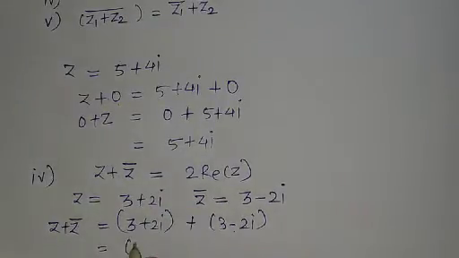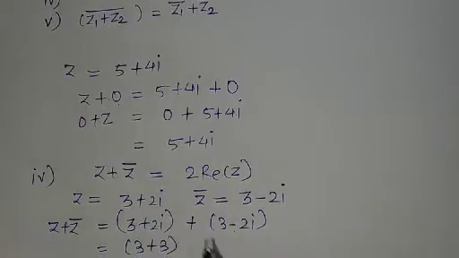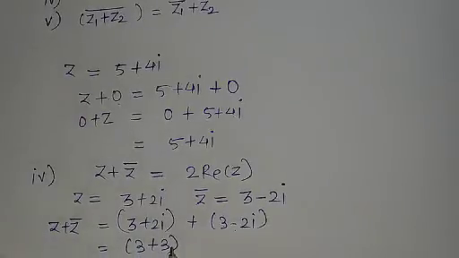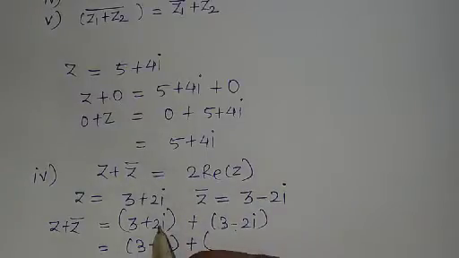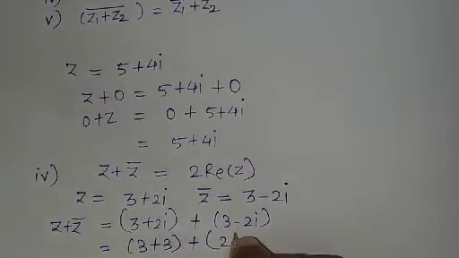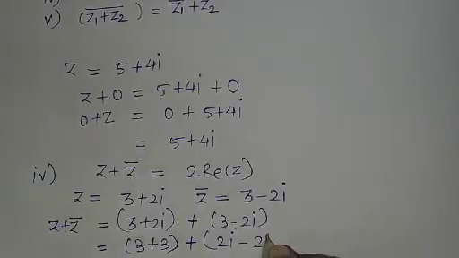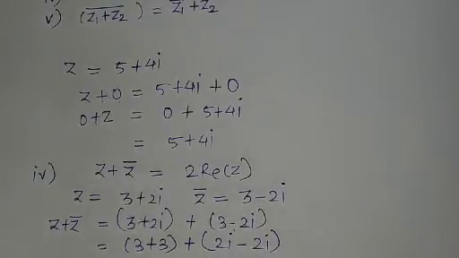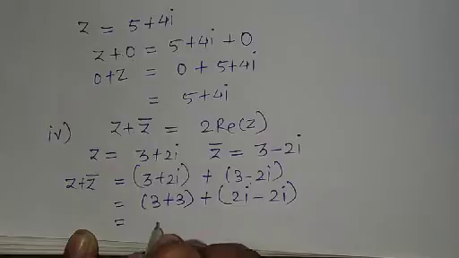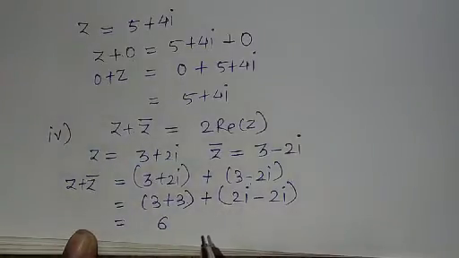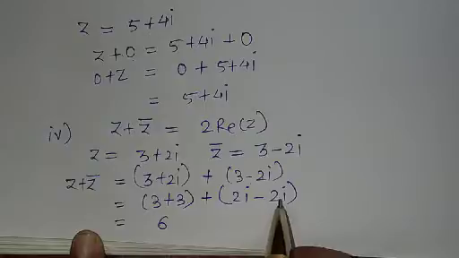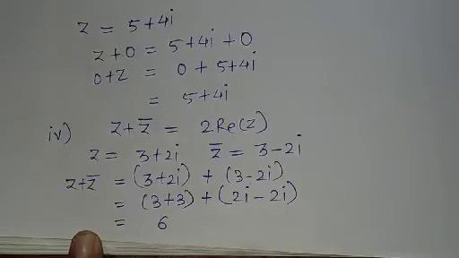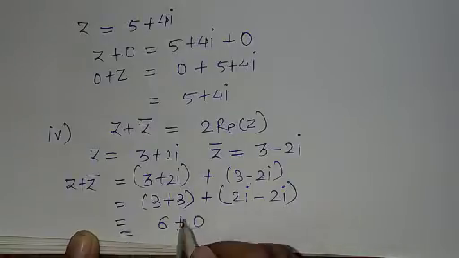Therefore we get addition of real part as 3 plus 3, plus addition of imaginary parts, that is 2i minus 2i. So we get 3 plus 3 is equal to 6, and this 2i minus 2i is nothing but 0. So here 6 plus 0, which is equal to 6.